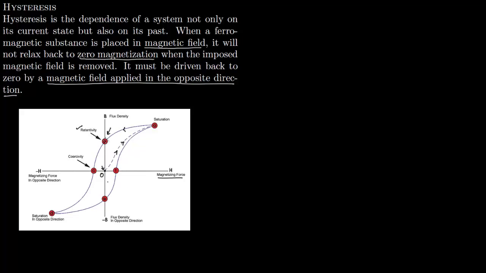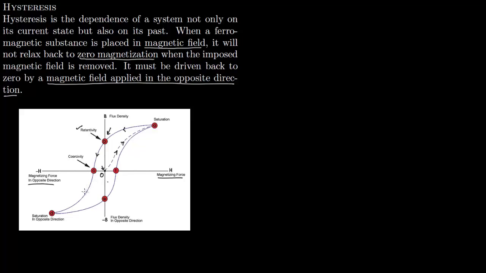Now to remove this retentivity, or to remove any magnetism from the material, you apply magnetic force in the opposite direction. So once you apply magnetic force in the opposite direction, you go from B to C. Once you are at C, then the magnetization inside the material is zero. Now you can continue applying this magnetic force in the opposite direction.